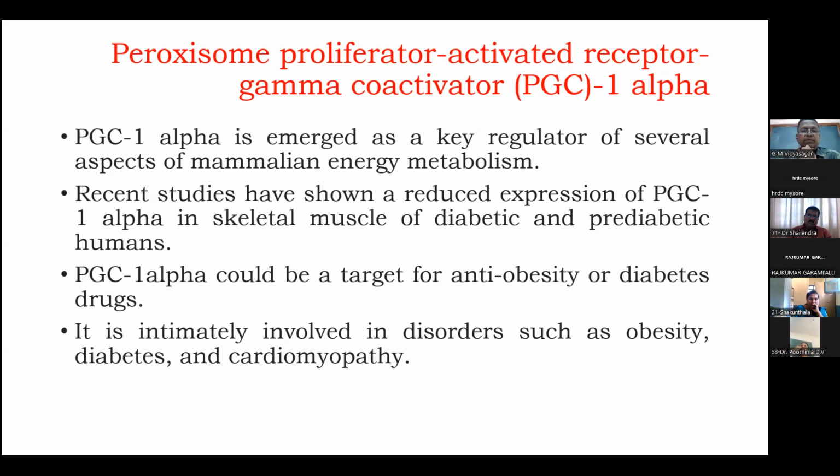So based on this expression, we can identify the status of the persons and we can screen the population, whether this gene is present in the genome or not. And based on that, we can identify the pre-diabetic cases or the diabetic cases and take precautions to avoid the severity of the diabetics in the days to come.